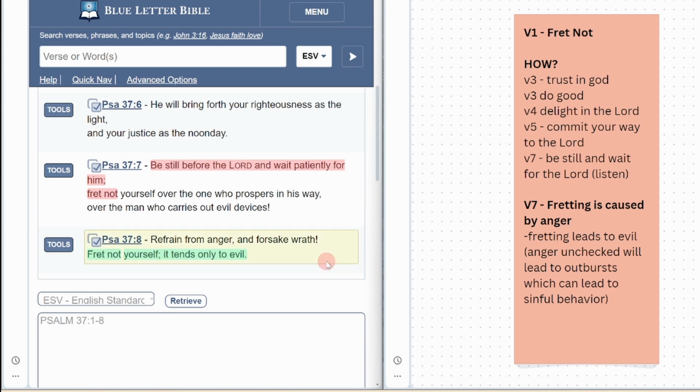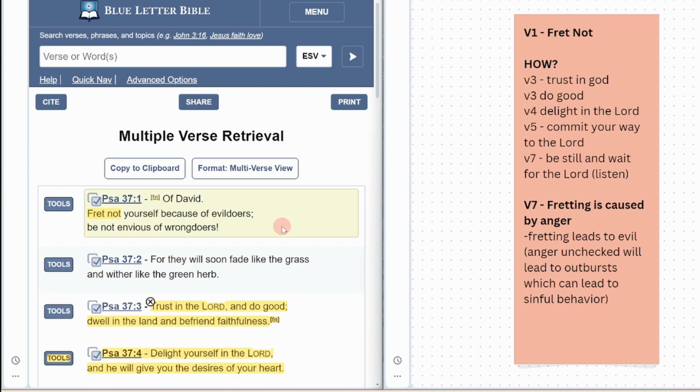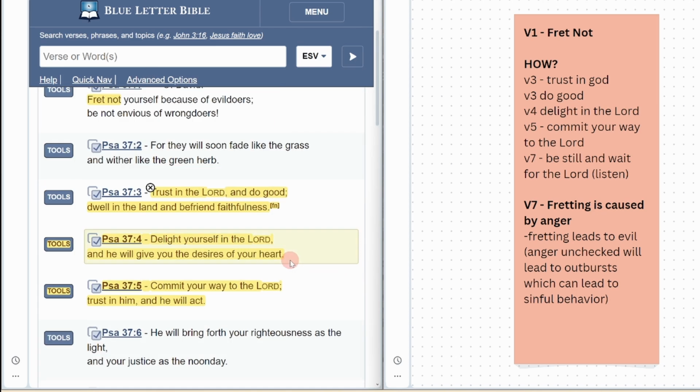So that's why we should not fret, and also how fretting can be caused by anger. So again, just a really quick way to learn about fretting and how to prevent it, and why it's important for us not to do it, just from making a list right here.